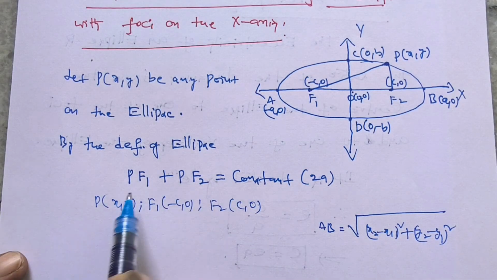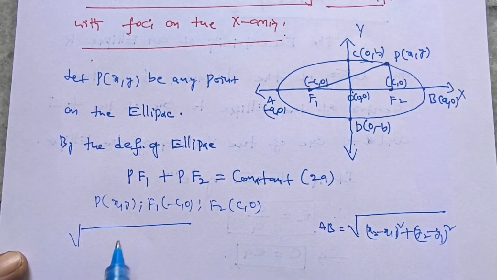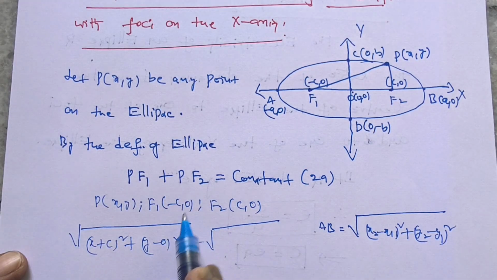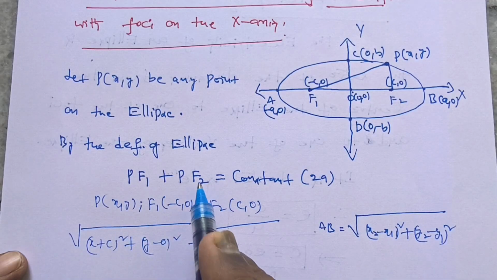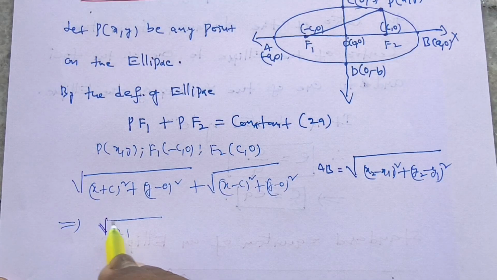We use the same formula here for PF1, with the coordinates of P and F1. So it is the square root of x plus c whole square plus y minus 0 whole square, plus PF2, using the same formula, the square root of x minus c whole square plus y minus 0 whole square.